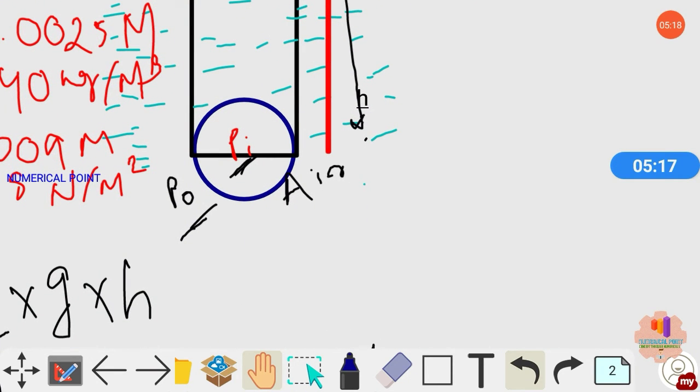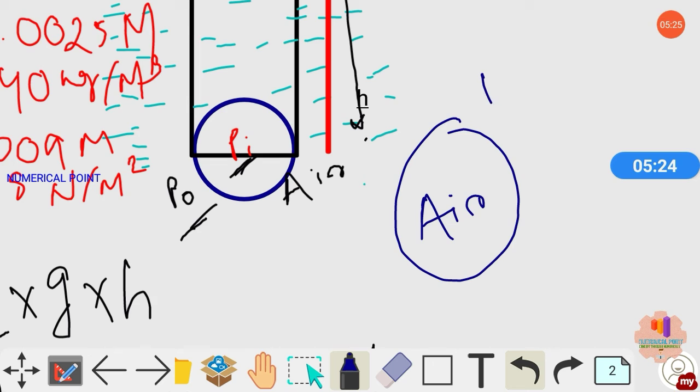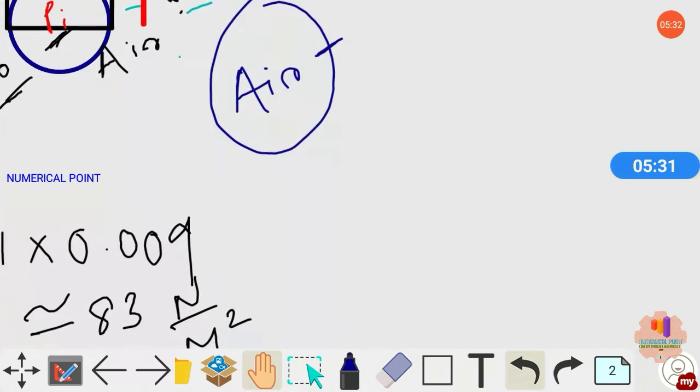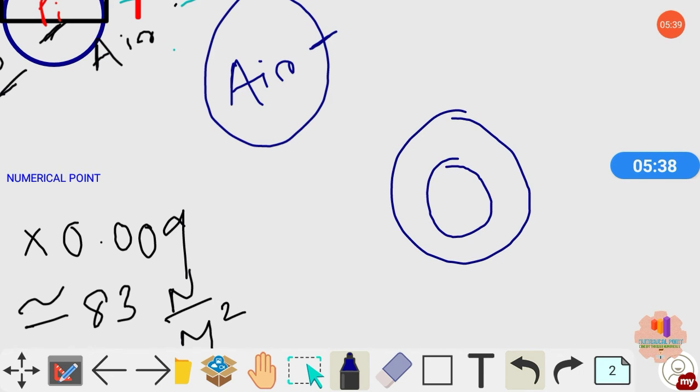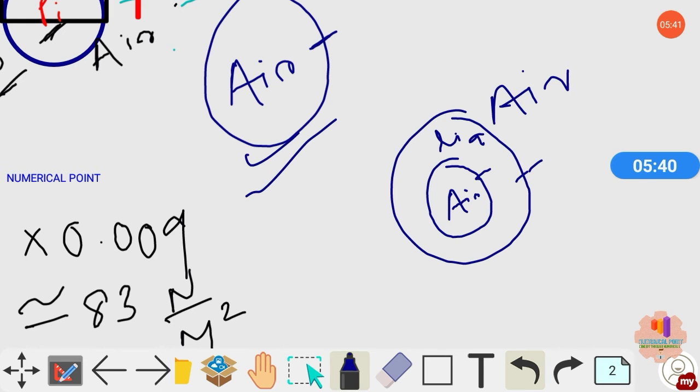Suppose this is an air bubble, this is air, outside is liquid, so there will be only one interface. But in case of a water bubble, this is the water bubble, and inside this will be air, then liquid, and outside air, so there will be two interfaces. But for an air bubble there will be a single interface.